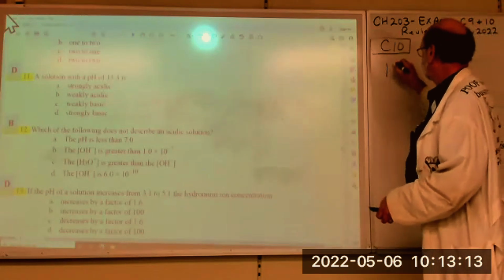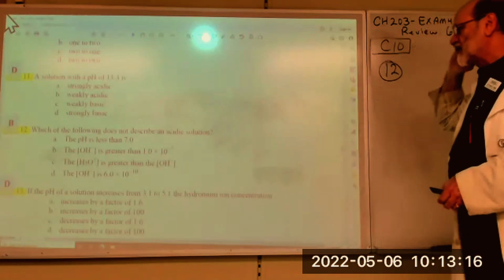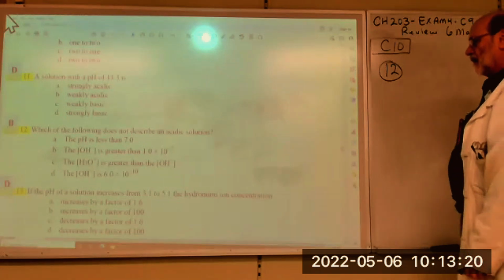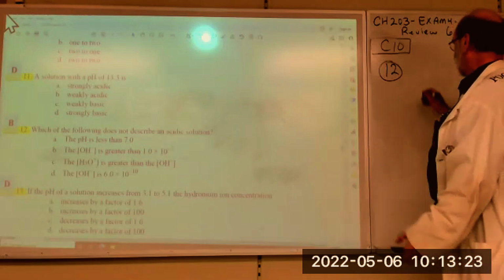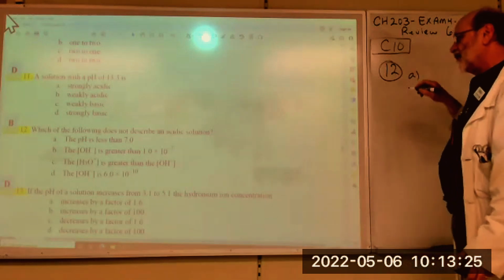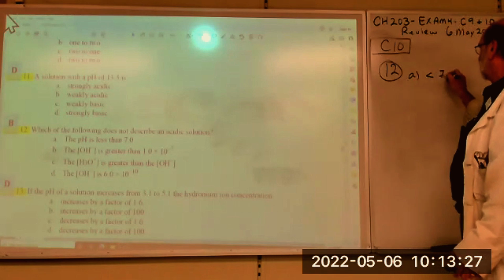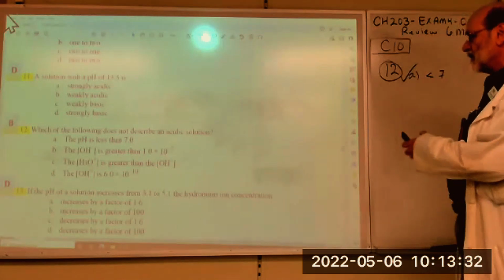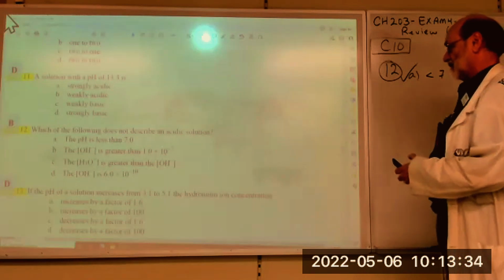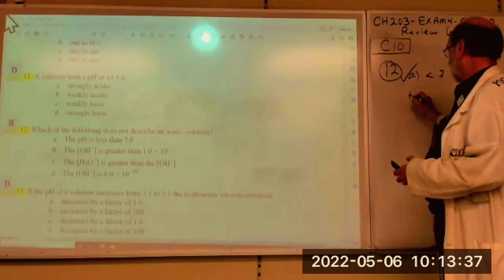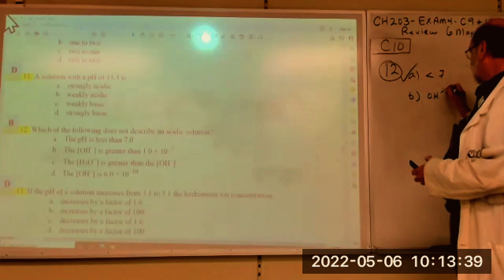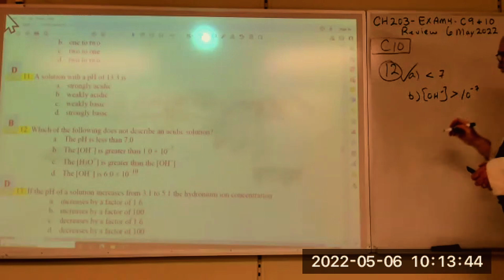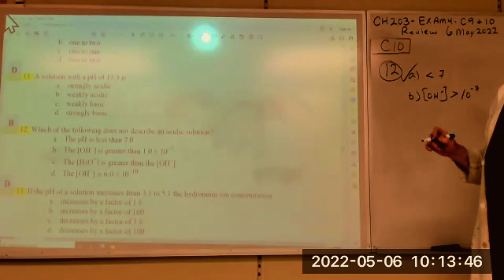Uh, 12. Which of the following does not describe an acidic solution? Okay, so A, pH less than 7. That's acidic. The OH minus concentration is greater than 10 to the minus 7. That's basic.